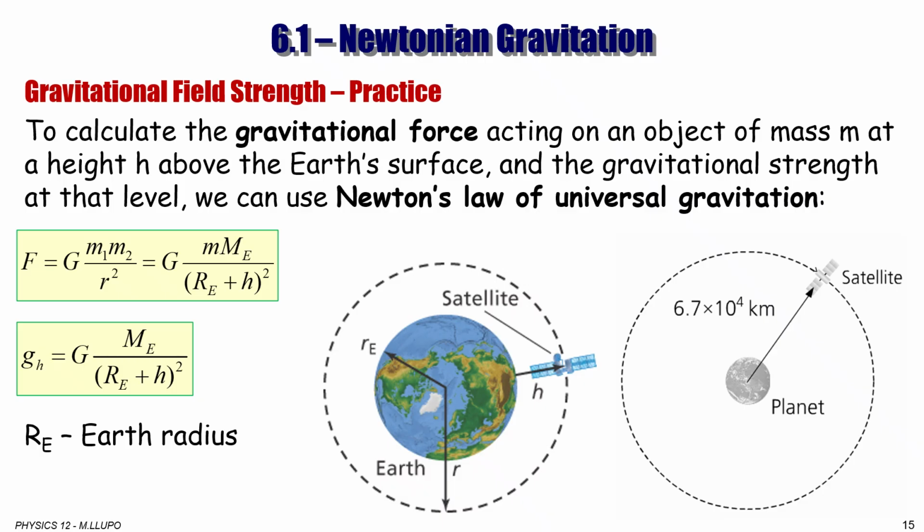In a very similar way, if you just get rid of m, you can find the gravitational field strength at that level where the satellite is. It is G M over r Earth plus h, to the power of 2.